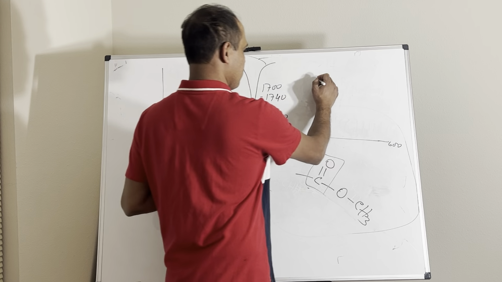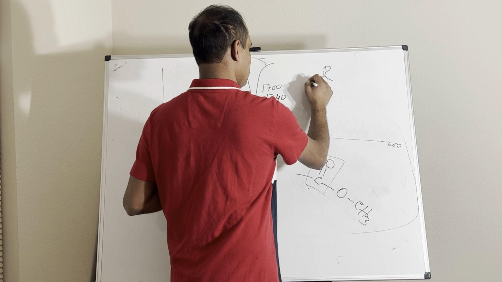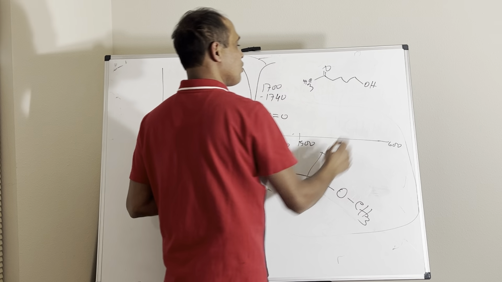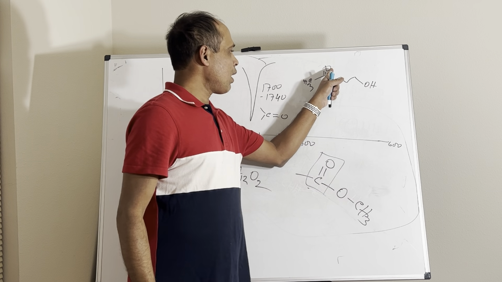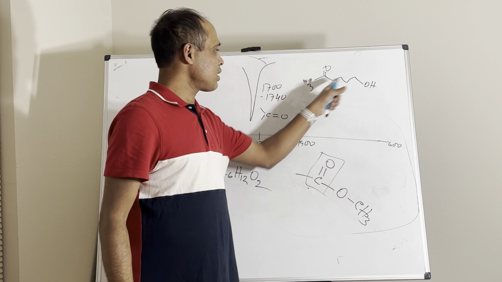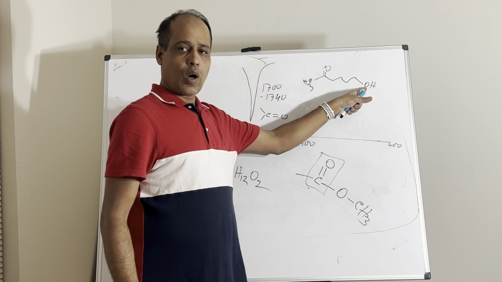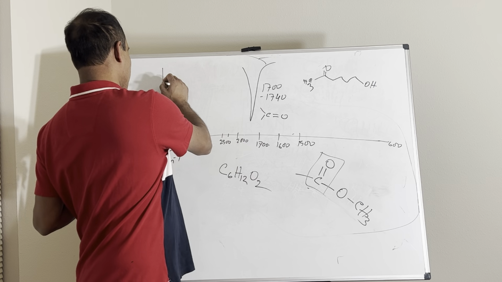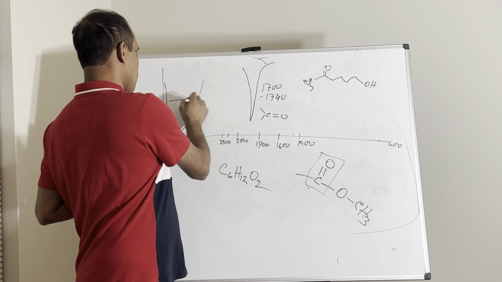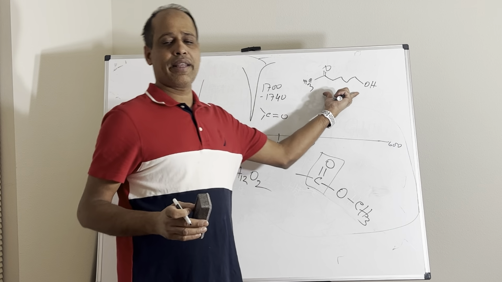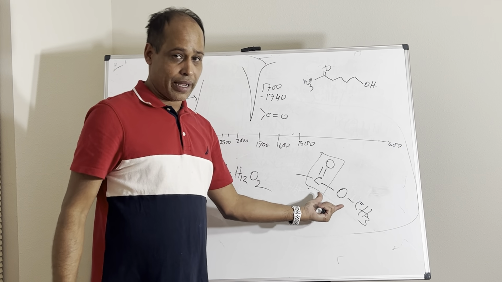Suppose you have a molecule like this. In this molecule you have two oxygens, but it is not an ester. You have one carbonyl group, that peak is there, and one alcohol. So definitely you should have a broad peak here for the alcohol. So if you have a ketone and alcohol, then you might think like that, not like an ester.